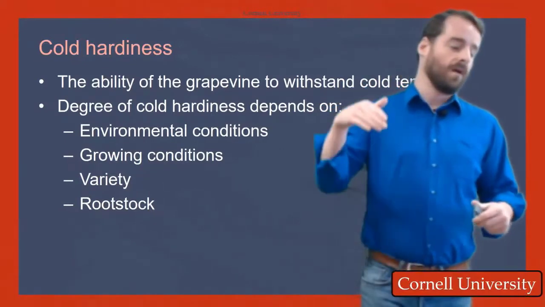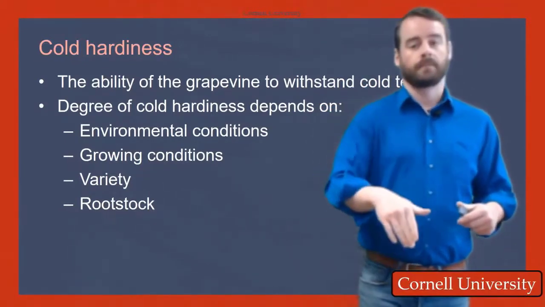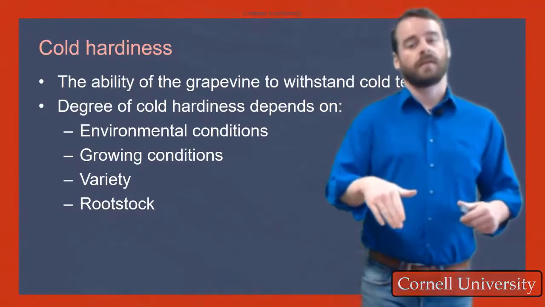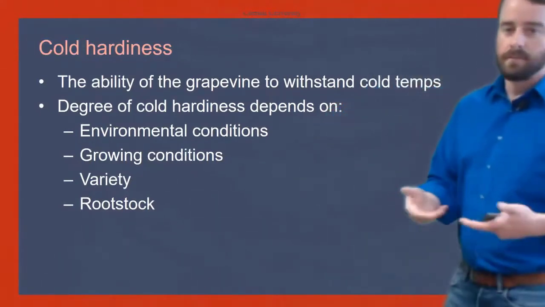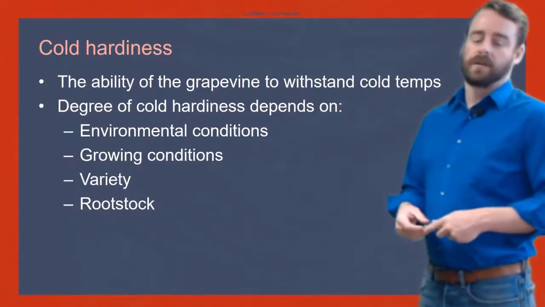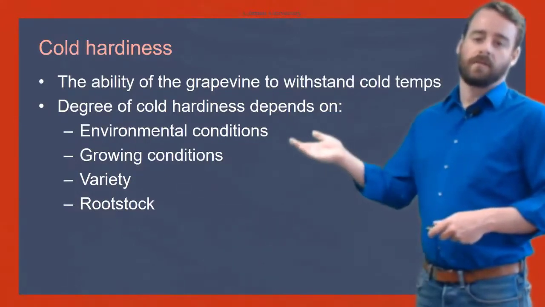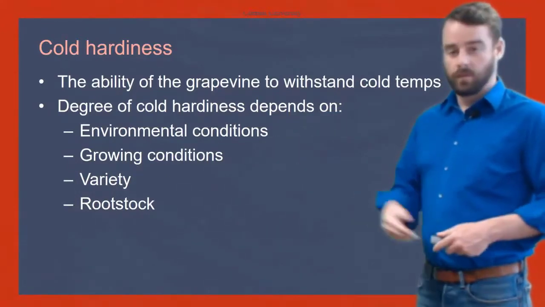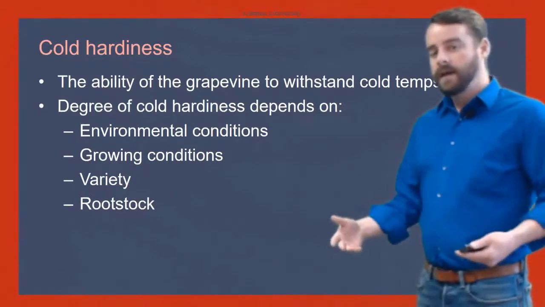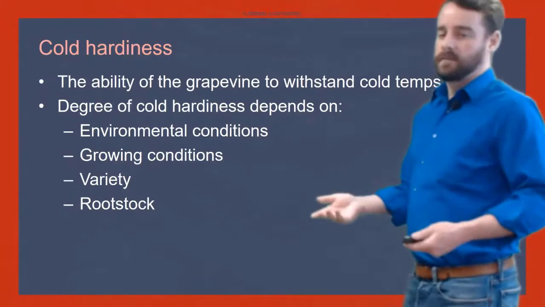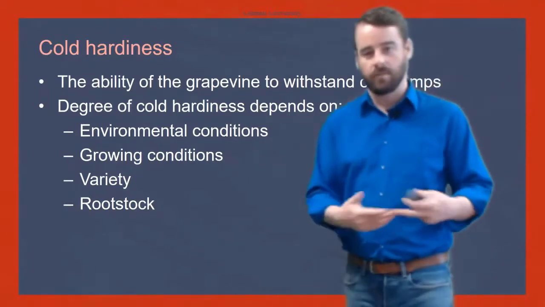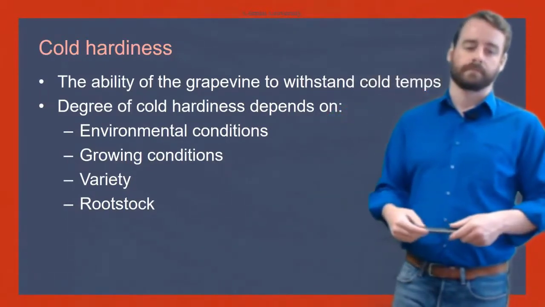But if you had an unseasonably warm fall, the vine's not going to acclimate as well, and going into winter it's going to be more sensitive to cold temperatures. Also, how much water you had in the soil matters. If your soils were really wet all year long, the buds aren't going to lose as much water.